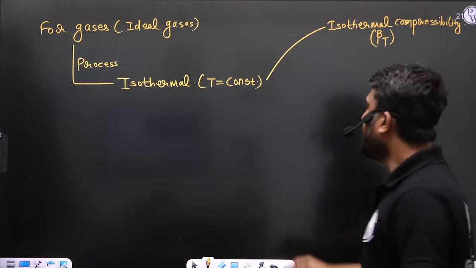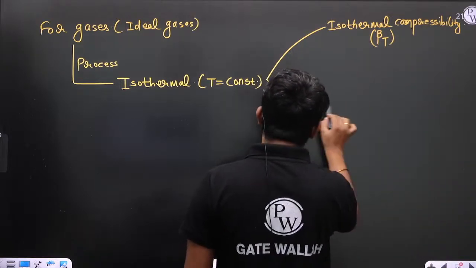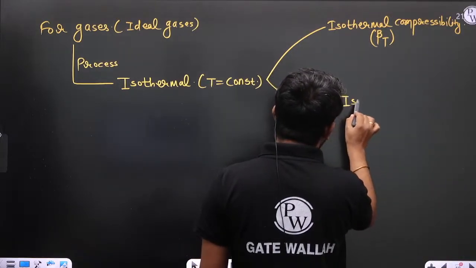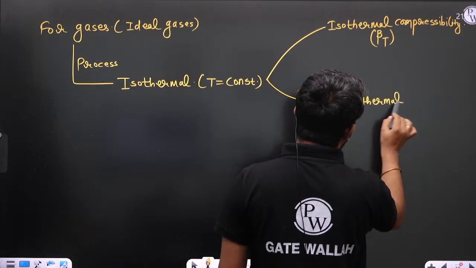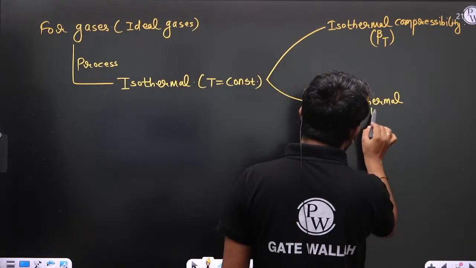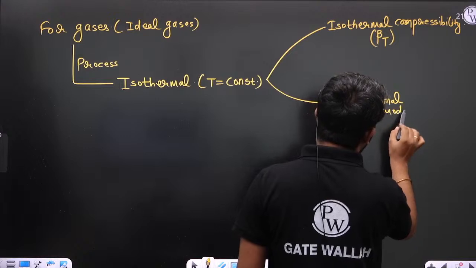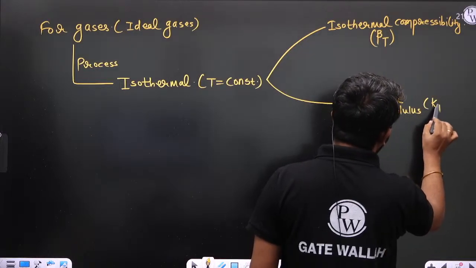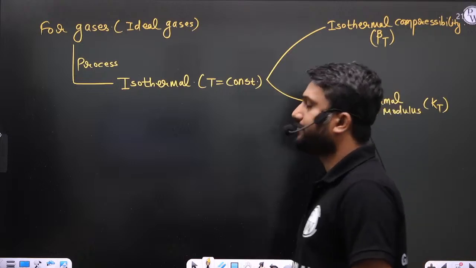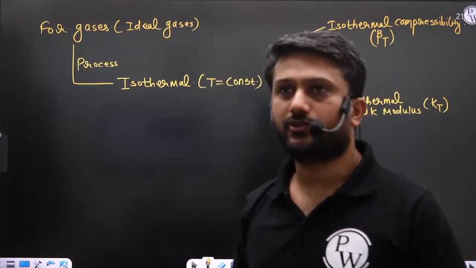And in a similar fashion, isothermal bulk modulus comes into picture, and isothermal bulk modulus is denoted by Kt if the process is isothermal in a gas.